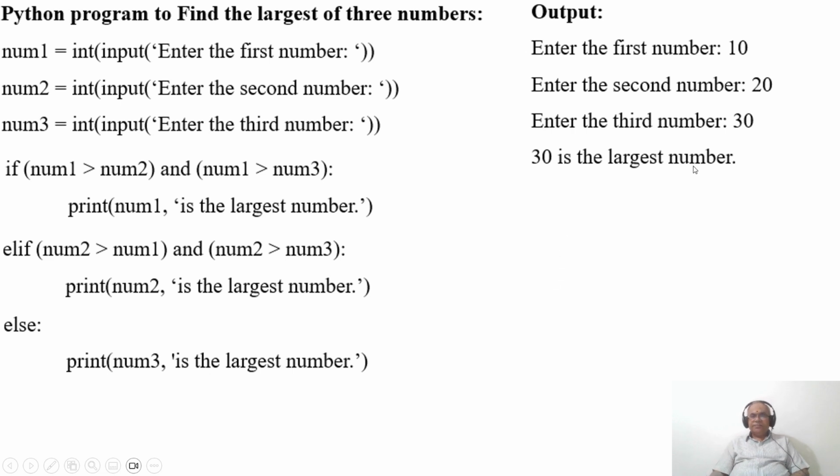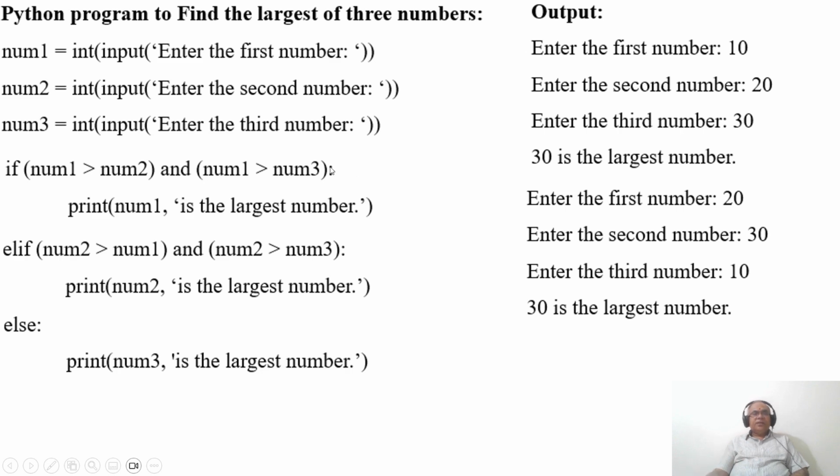In the next case, I will take num1 as 20, num2 as 30 and num3 as 10. Is num1, 20, greater than 30? The condition becomes false. In other words, if any one condition becomes false in a logical AND, that condition will not be executed, so it will skip this.